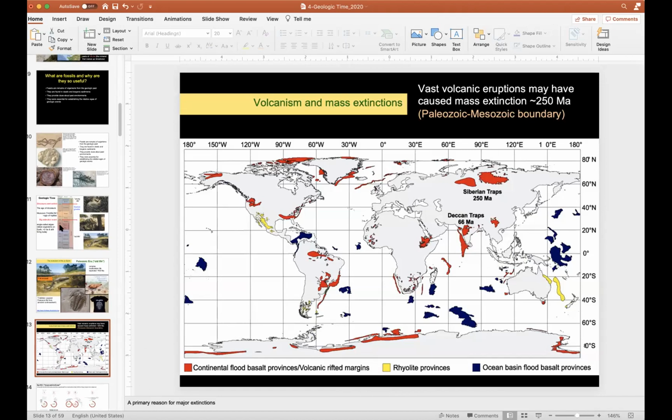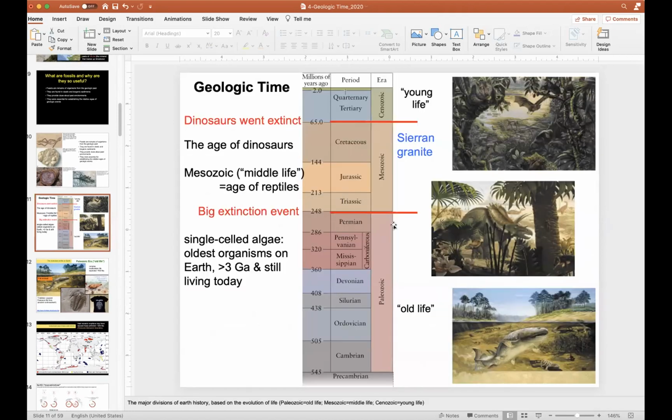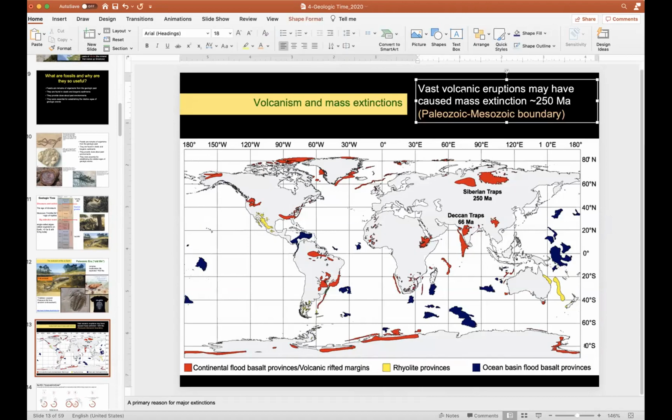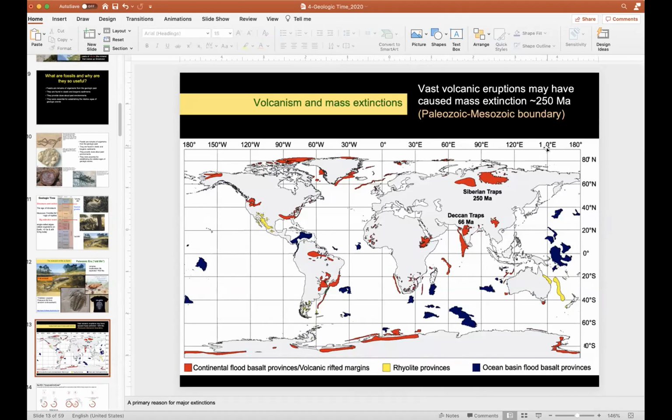Between the Paleozoic and Mesozoic boundary, I'm just going to jump back here real quick. Here's the Paleozoic-Mesozoic boundary, about 248 million years ago. This is when there was a big extinction event. There may have been other impacts or another impact that took place at that time. But what we have a lot of evidence for is volcanism, large tracts of volcanism.